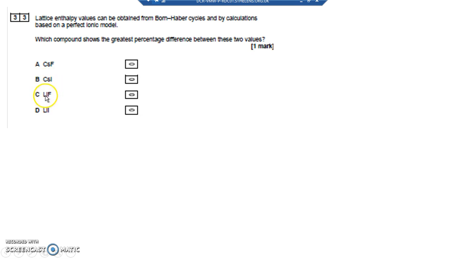In this one, lithium is very small and in group 1, so its electron will be tightly held, and it's not likely to lose that very well. There's no shielding, so the nuclear attraction is from very, very close to that energy level. Being very small and close to the nucleus, that electron will be tightly held and have a high first ionization energy, so that's not going to form a very ionic compound.